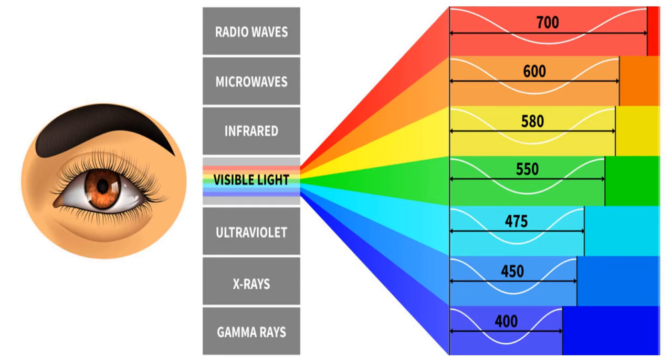You know, the visible spectrum is that portion of the electromagnetic spectrum which is visible to the human eye. Electromagnetic radiation in this range of wavelengths is called visible light or simply light.